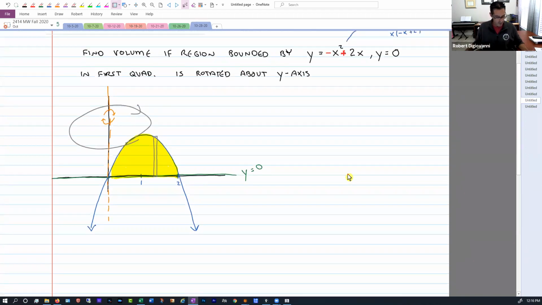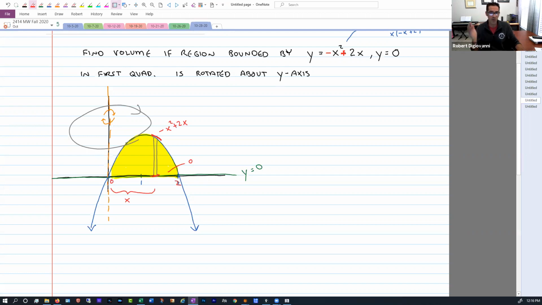All right, so here it is. There's not a lot that we have to do. We just have to recognize what the top and bottom are, right? So our top here is just negative x squared plus 2x. The bottom curve is what? Well, just 0, right? We know that the distance from the axis of rotation over to this is x. I think we know our limits of integration. We start at 0, we end at 2.